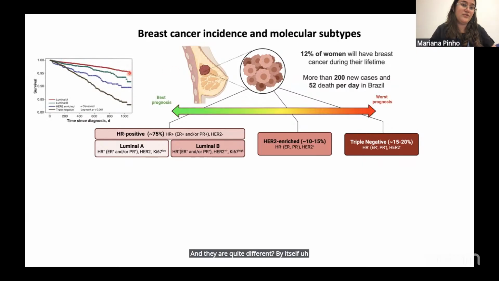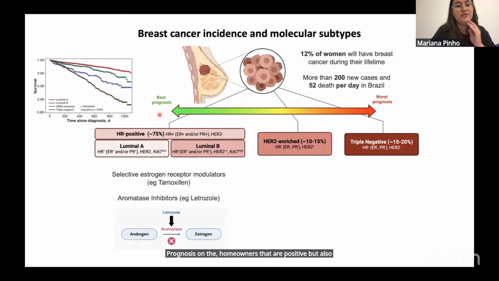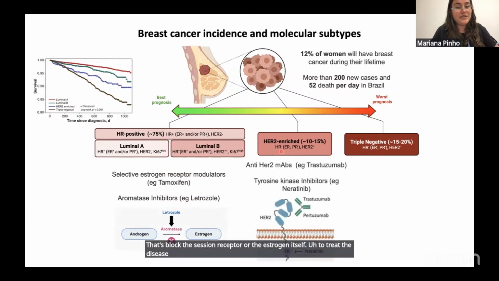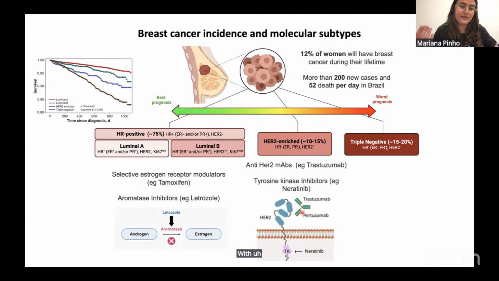First, the prognosis: you have the best prognosis in the hormone receptor positive, but also differences in the way that you treat. For the hormone receptor positive, you can use things that block the estrogen receptor or the estrogen itself to treat the disease. For the HER2 enriched, you can also have targeted treatments with anti-HER2 antibodies.